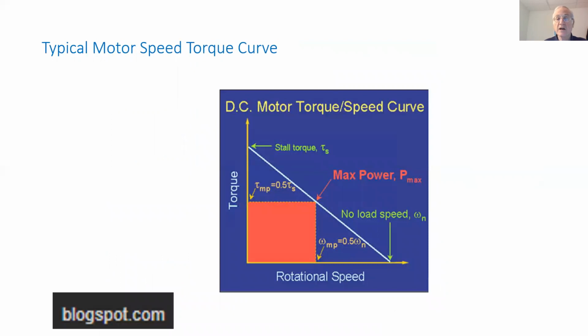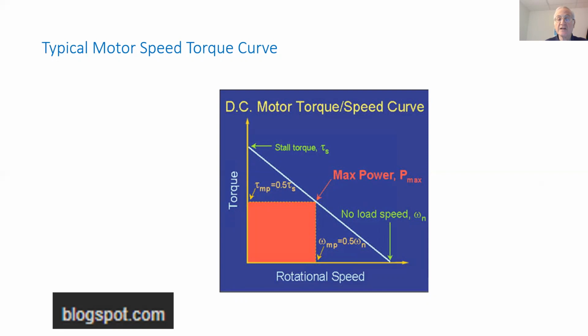The way to determine the power of a motor is the multiplication of torque and rotational speed. However, as in a typical DC motor, the torque-speed curve is such that when the speed is at the lowest, the torque is the maximum.